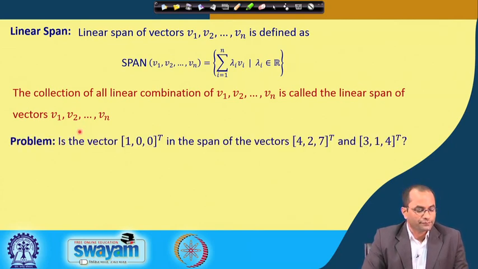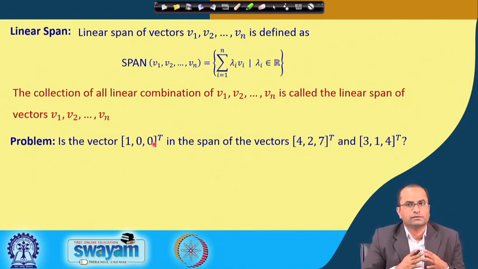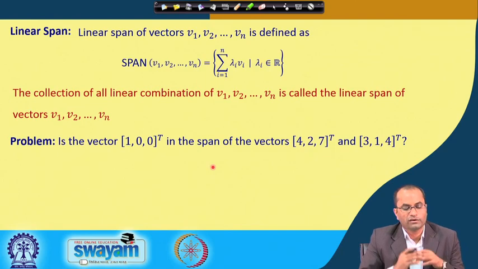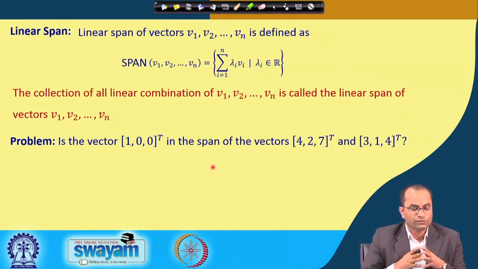The problem we will discuss now is this vector (1, 0, 0) transpose, just to indicate that this is a column vector, but we can do the same with row vectors. Is this vector in the span of the vectors (4, 2, 7) and (3, 1, 4)? What do we need to check?